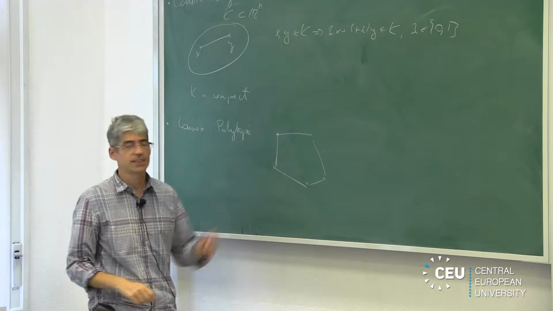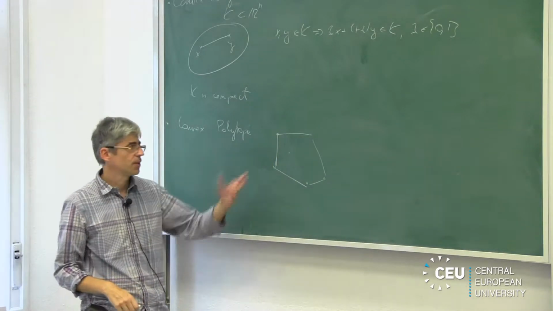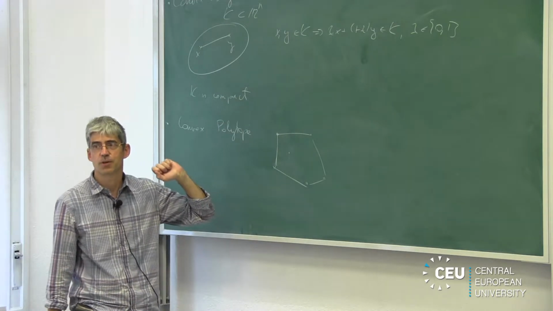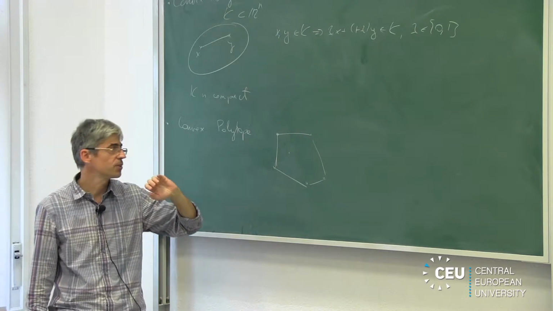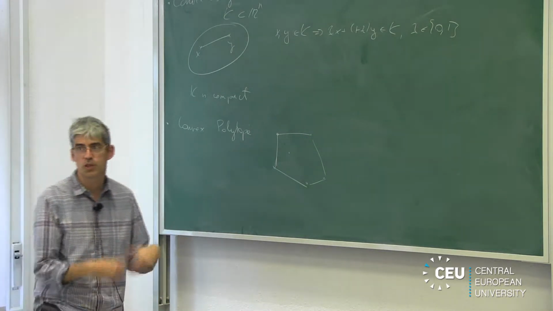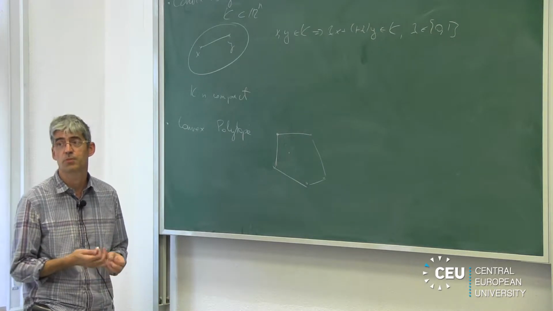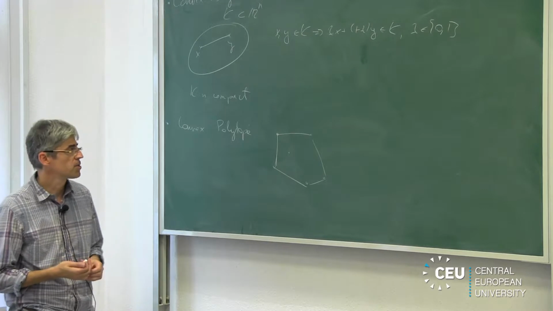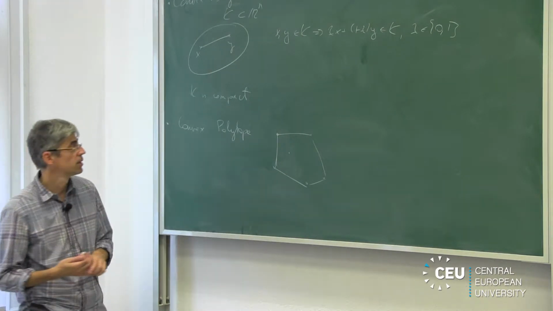The way I phrased it, it would allow some points inside, but one can always show that there is a minimal set of points needed for the convex hull, and they are the vertices. For this, I will not use any special properties of polytopes. You just use your imagination. The cube in any dimension is a polytope, and the simplex is also in any dimension. All Platonic solids are polytopes, and so on.